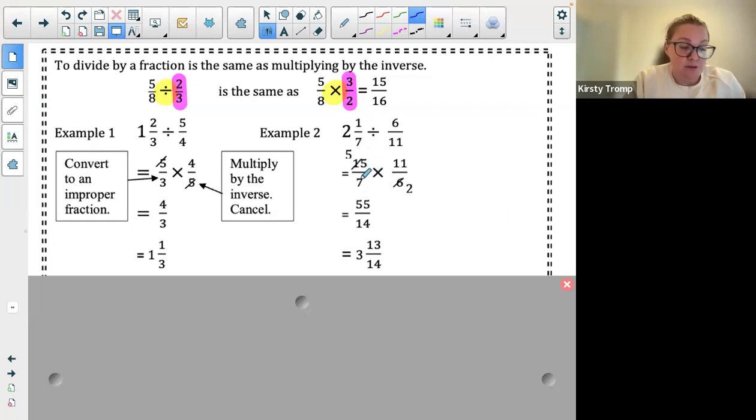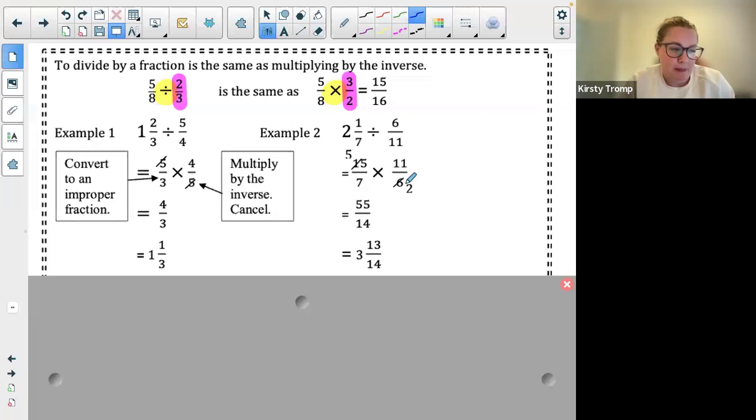Right? So I've got 15 over 7, keep. What am I doing to the divide sign? I'm going to change it. And what am I doing to 6 over 11? I'm going to flip. Keep, change, flip, KCF.